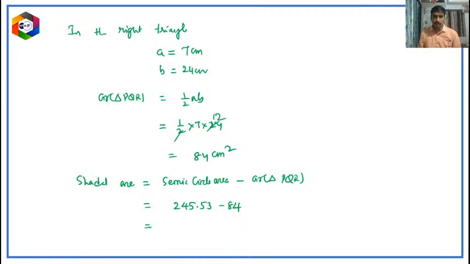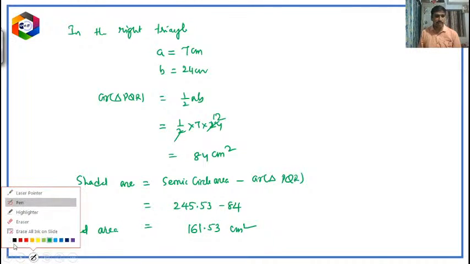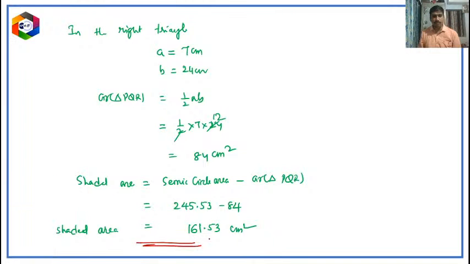Now upon subtracting, 0.53 stays; 15 minus 5 minus 4 is 1, 14 minus 8 will be 6, and 1. 161.53 square centimeter. Therefore the shaded area is equal to 161.53 square centimeter. Very good.